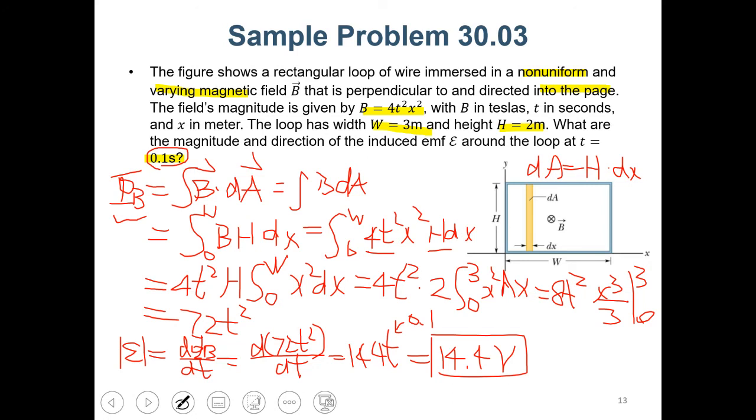So what are the magnitude and also the direction? As long as B is increasing, phi B is also increasing. You can check here: phi B is 72t squared, which means that if t is increasing, starting from 0, at the very least at t equals 0.1, this one is increasing.